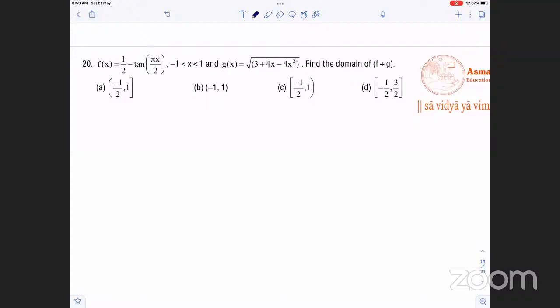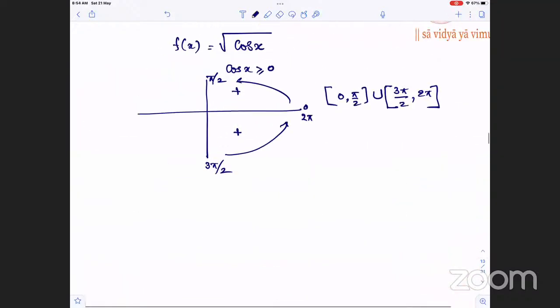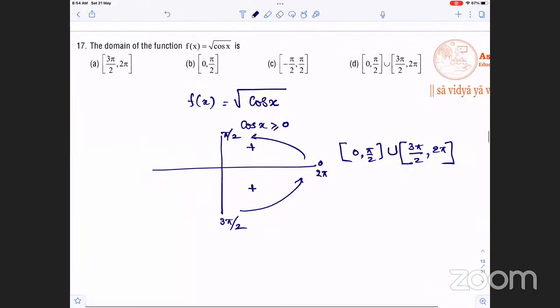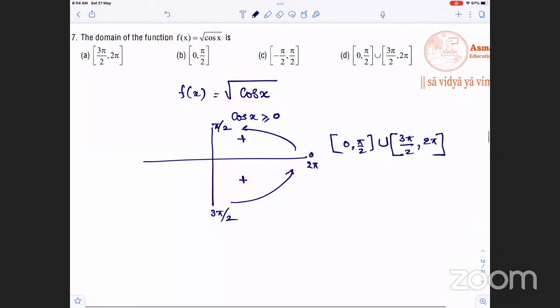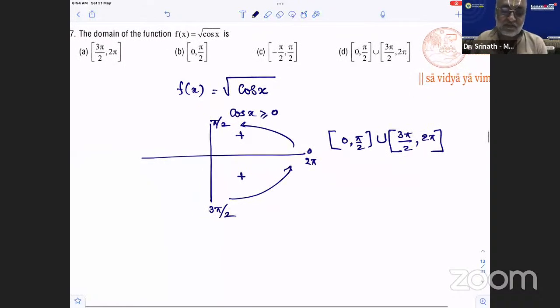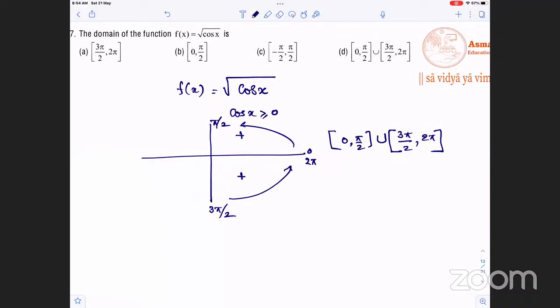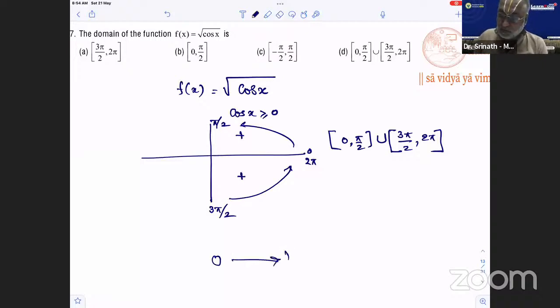One more question is there, from Miss Bhargavi. How to find the range for the same function? It's very simple. What is the minimum value of f of x here? The minimum value of f of x is 0, and the maximum it can go up to is 1.